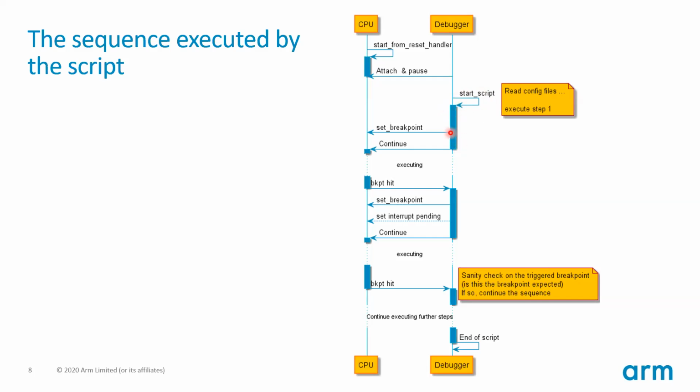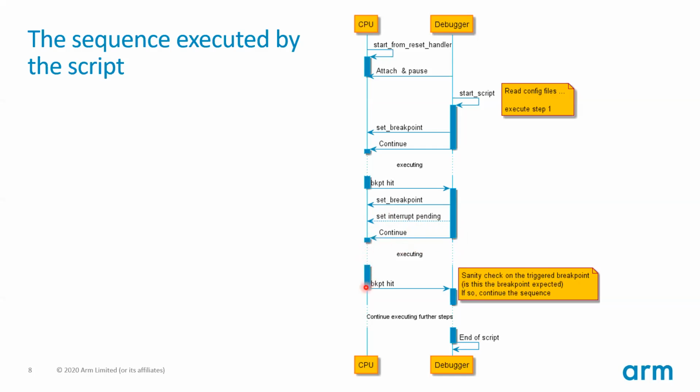It sets a breakpoint and continues the target. The target executes instructions as it would normally, and when the breakpoint is hit, the debugger script starts to execute the next step. It sets a breakpoint, sets an interrupt pending if the test case requires that, and again continues the target.